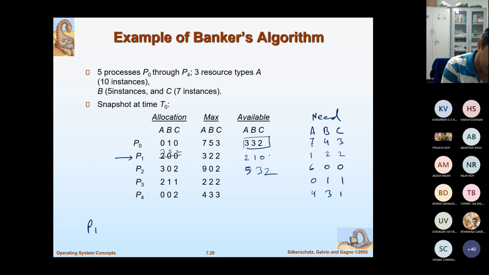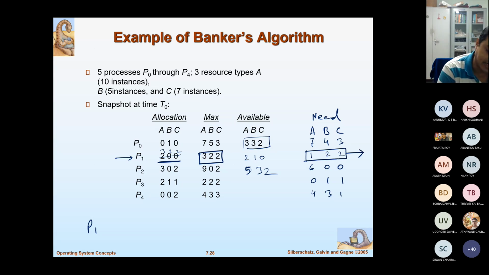See, P1 का मैक्सिमम रिक्वायरमेंट है 322, ऑलरेडी एलोकेटेड है 200. उसका फर्दर जरूरत क्या है 1 2.